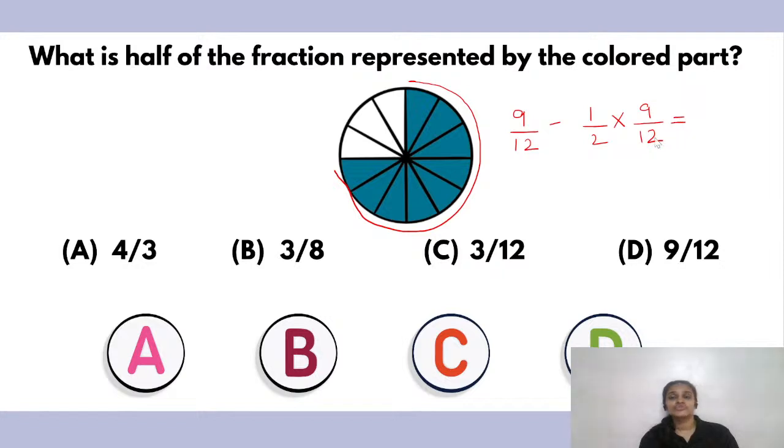After reducing, 3 3s are 9, 3 4s are 12, and what is left? 3 in the numerator and 8 in the denominator. So the answer to this question is 3 out of 8. Whoever has given this answer, congratulations. Good job.